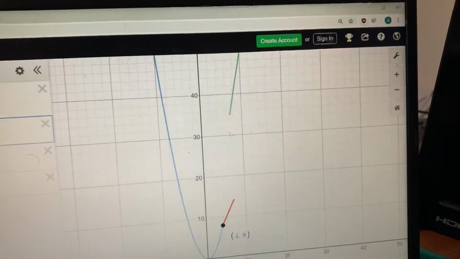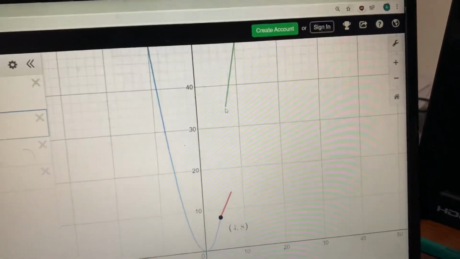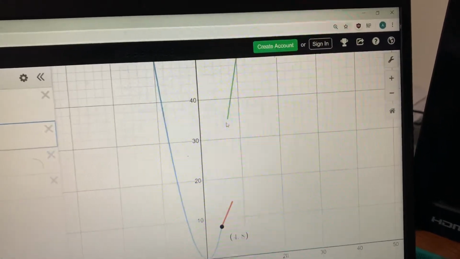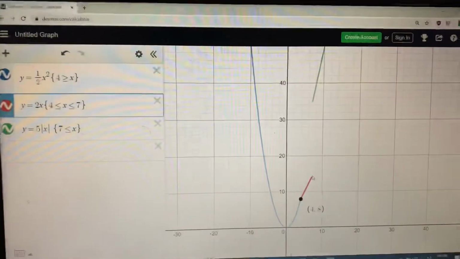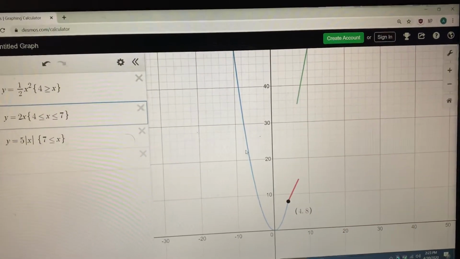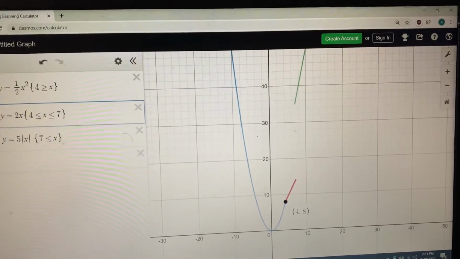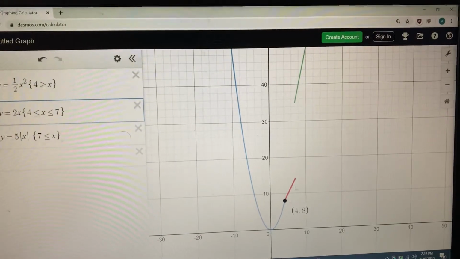If you watched the first video, you will probably know it's a jump discontinuity. It's pretty obvious. The two junction points are between my parabolic function and my linear function, and between my absolute value function and my linear function inside the piecewise function.